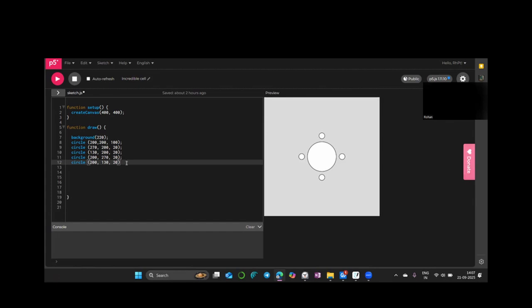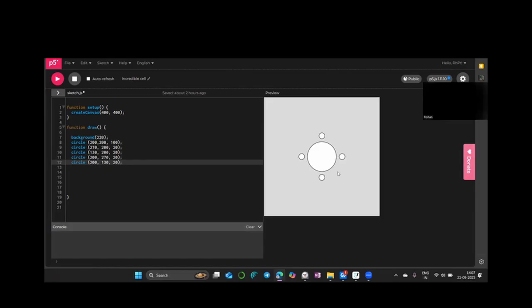So far so good. This is quite simple. But using this technique, it gets difficult to figure out the coordinates of other points. Suppose I want to create another circle in between these two circles, here, here, here. How do I figure out the coordinates for these points?